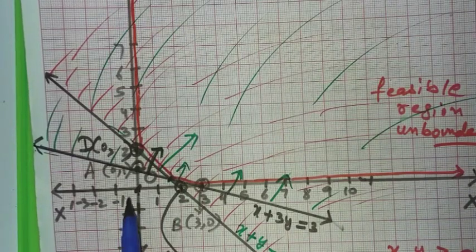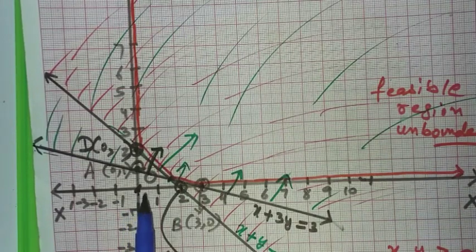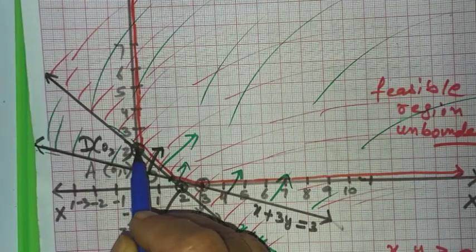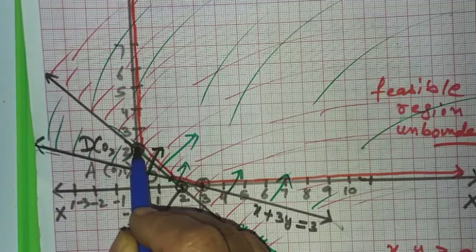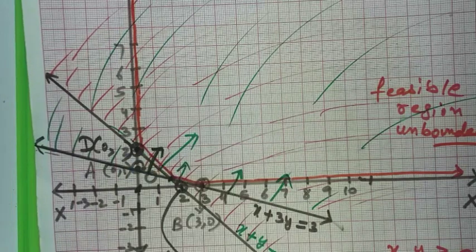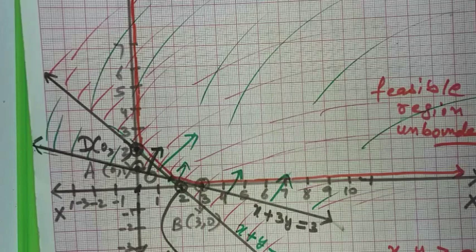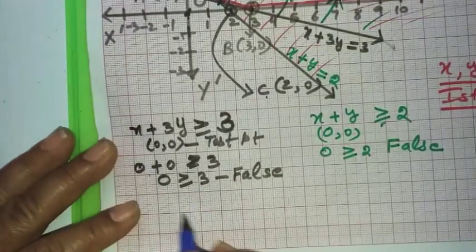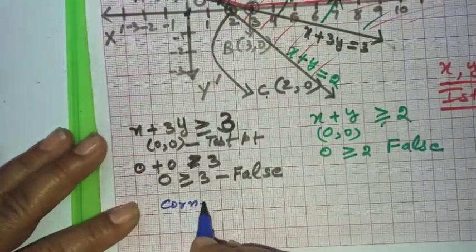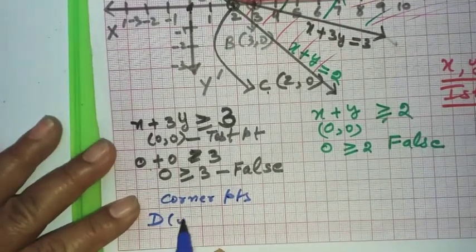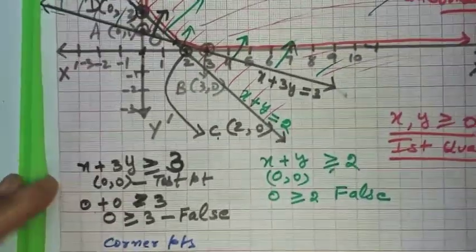Now we shall try to recognize the corner points of this feasible region. You can see one corner point is this point D, which is 0, 2. So I can write here the corner points, and one corner point is D, 0, 2.